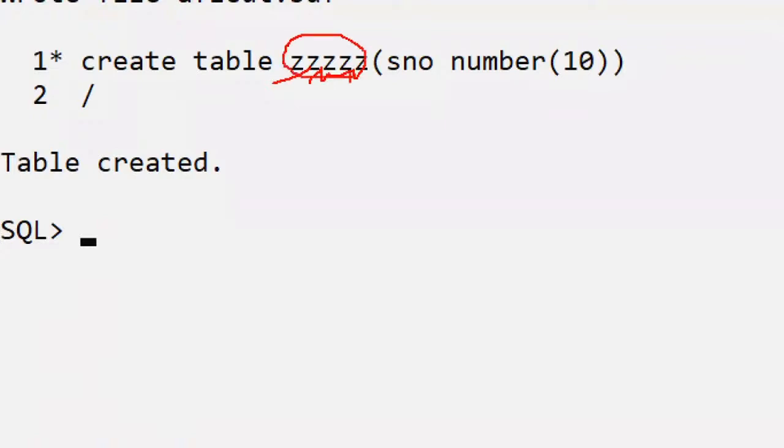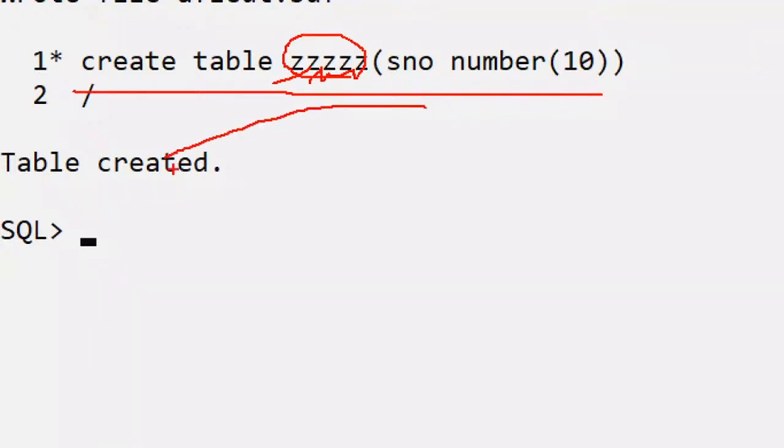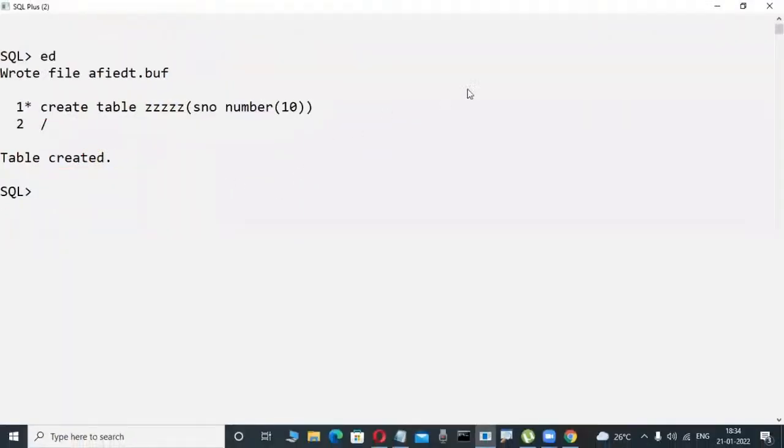Z is the name I'm giving. The table I'm creating only in my Oracle database or SQL Server database or MySQL database. Table is created. Slowly observe it here.